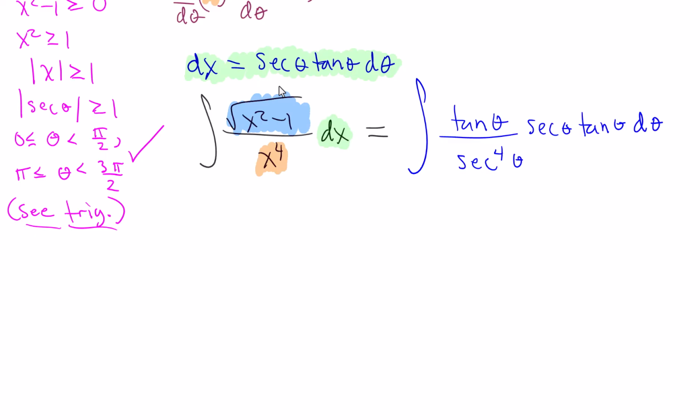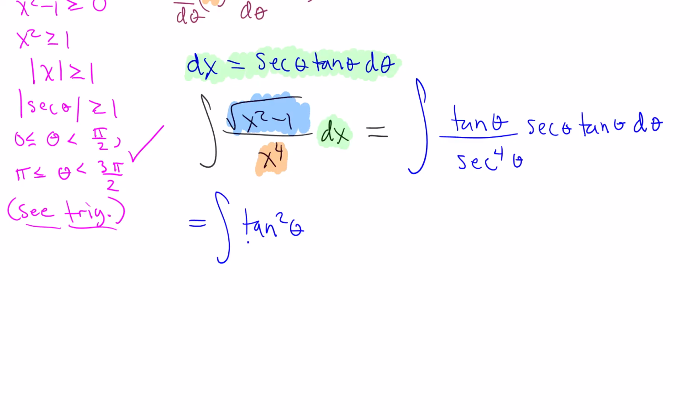So let's just do a little bit of basic simplification. I'm going to take what we had and rewrite it as the integral of, now we'll write it this way. Notice in the numerator you have tangent theta and then another tangent theta down the line. If you were to multiply those together, of course, then you'd get tangent squared theta. So we're going to write it that way, a little bit more simplified.